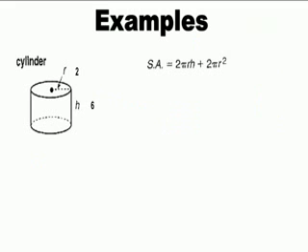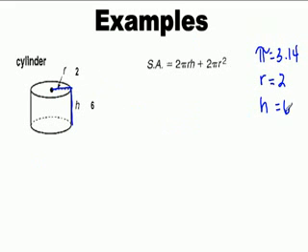Alright, the next shape is a cylinder. So if we're looking at our formula here, 2 pi r h plus 2 pi r squared, we need to know pi, r, and h. Well, we know that pi is 3.14, if we look at our picture, the radius is indicated as 2 and the height is indicated 6.